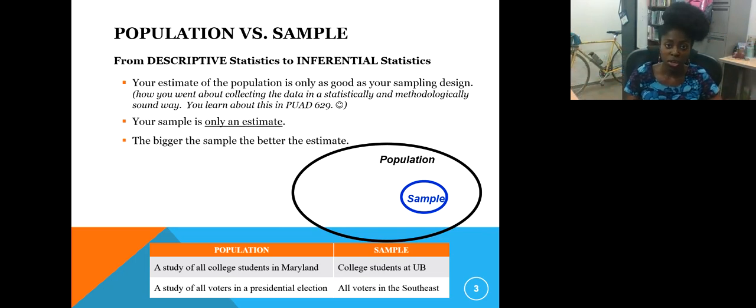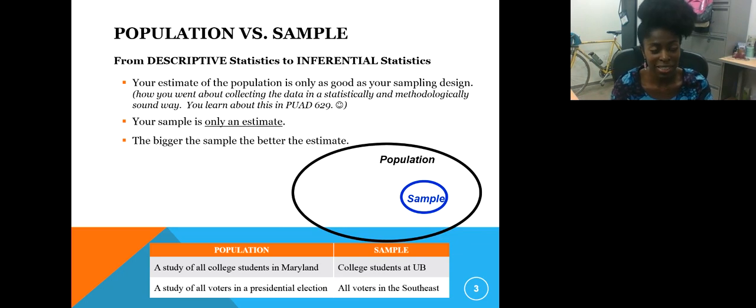Okay, so your estimate of the population is only as good as your sampling design, how you went about collecting the data in a statistically and methodologically sound way. You learn about this in PUAD629 in a different class, because there's a lot that goes into it.